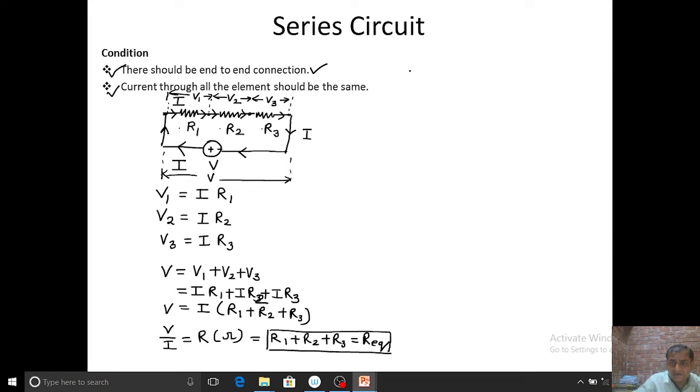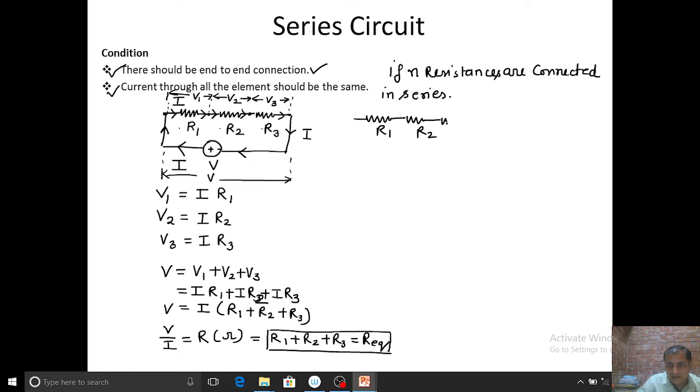If n resistances are connected in series, likewise this is R1, this one is R2, this is R3, and so on, that is Rn.